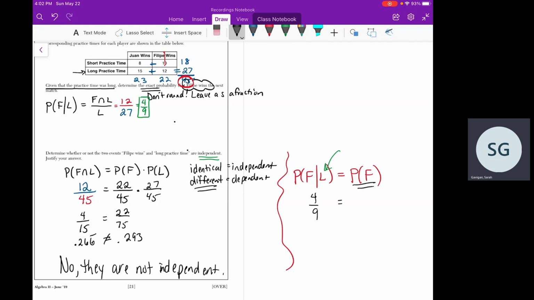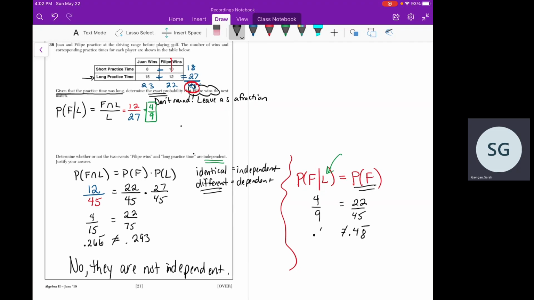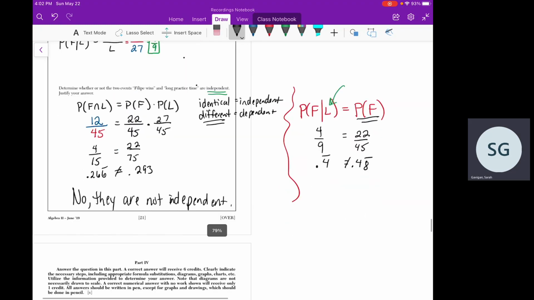The probability that Felipe is going to win is 22 over 45. And if you reduce that, that equals 0.48 repeating, whereas 4 over 9 is 0.4 repeating. So they are not equal to each other. So for the same reason, they are different. Let's go on to number 37.